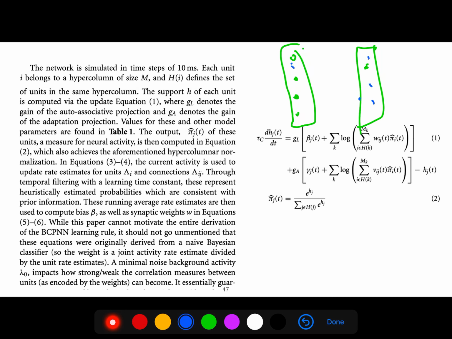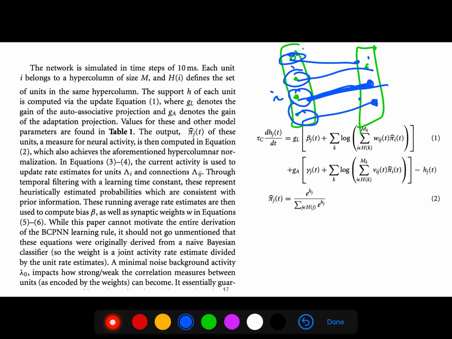But these neurons are inside those hypercolumns. So at each hypercolumn there are several mini-columns, but at each mini-column only one thing is selected. So what is the probability that if they are active, then something else is active? And when it converges, we understand that, for example, this node is active or this node is not active. The connection is important.